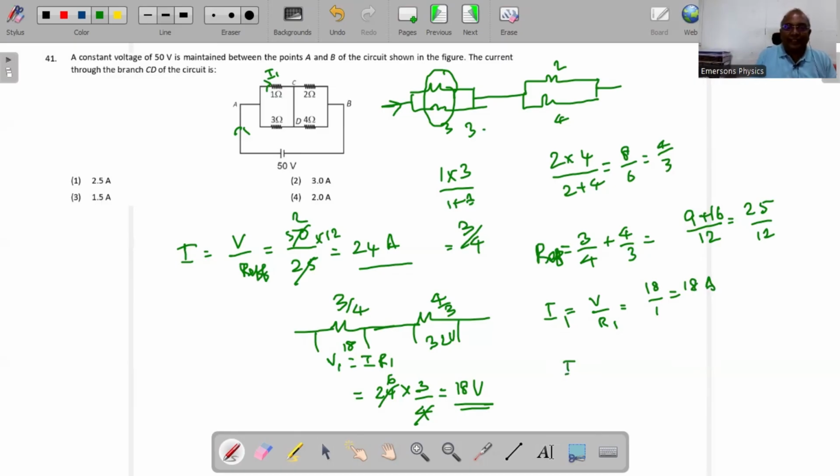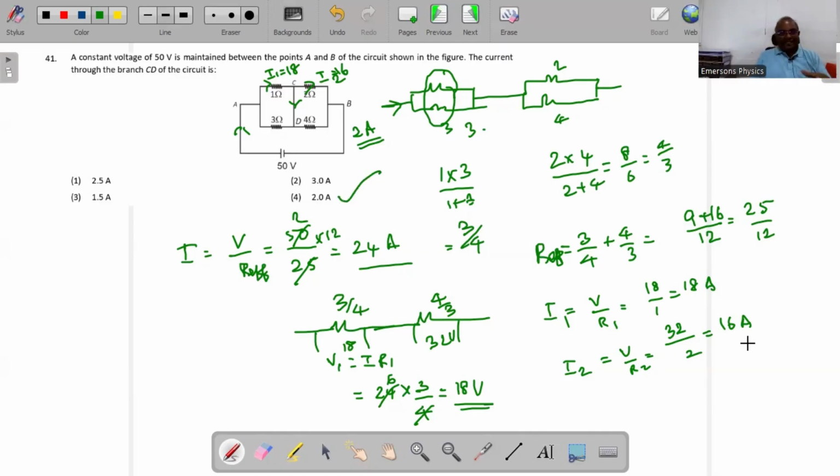Similarly, let's call the current here I2. I2 will be V by R2, since the voltage drop here is 32. V is 32 here, and R2 is 2 ohm. So 16 amperes is going through this. Observe carefully. Here 18 went, here 16 passes. So the remaining current must go through this. 2 ampere should flow in that direction. So the answer is 2 ampere.